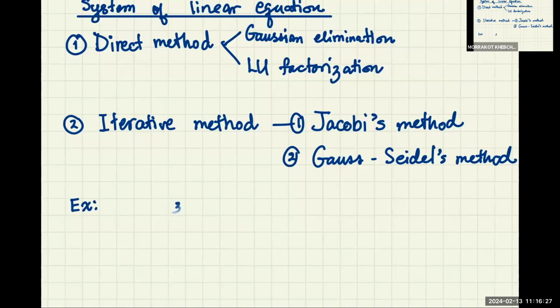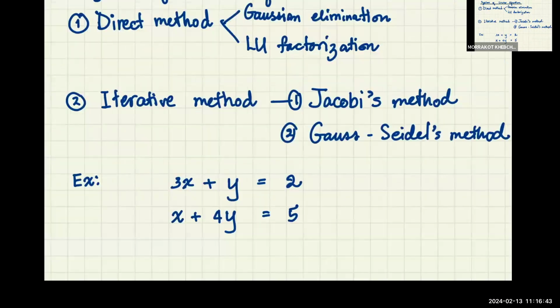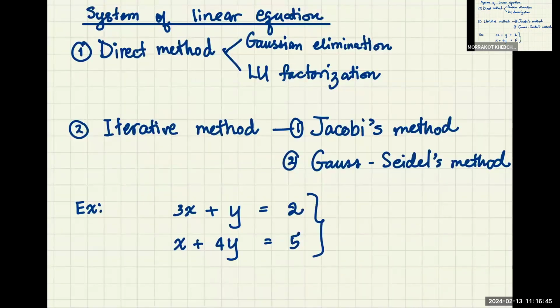We have, for example, 3x plus y equal to 2, x plus 4y equal to 5, okay? So now, if you write it out, you will have the system like this. I will have 3, 1, 1, 4, and the right hand side is 2, 5.